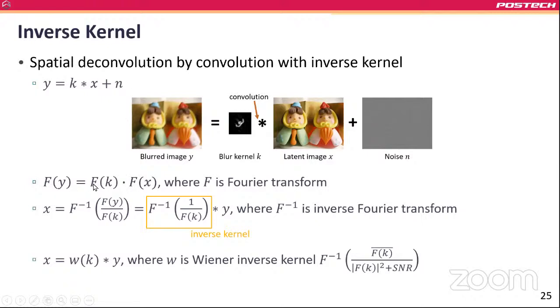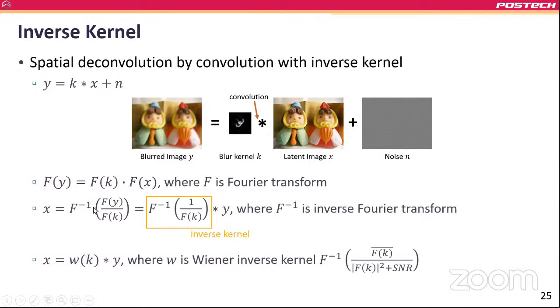Here we want to obtain this x, and by manipulating this equation a little bit, we get this one here. We move this term here, and then we apply the inverse Fourier transform. We get this, and then we can take out this part, and eventually we get this, right?